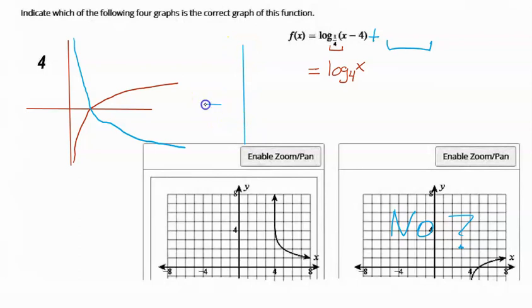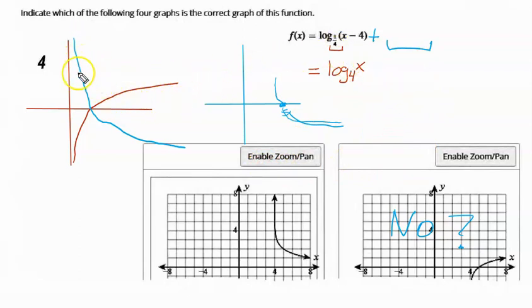I'm still using blue. That's going to take this line and shift it over 1, 2, 3, 4. So it's going to look like, and this would be going through 5 here. This is getting close to 4, and something like so.